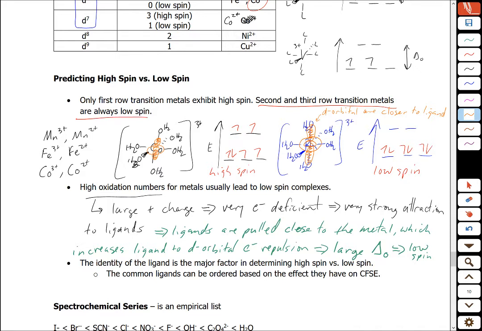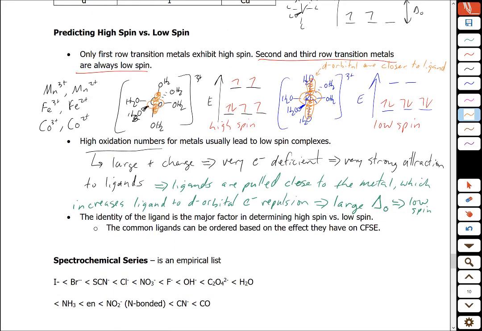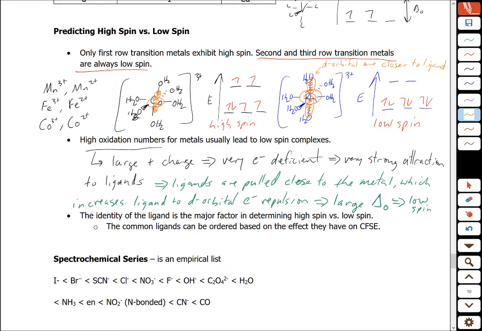We're not predicting anything. So how do we predict whether or not manganese, iron, or cobalt complexes will be high spin or low spin? And so the major determining factor here is the identity of the ligand. Okay?